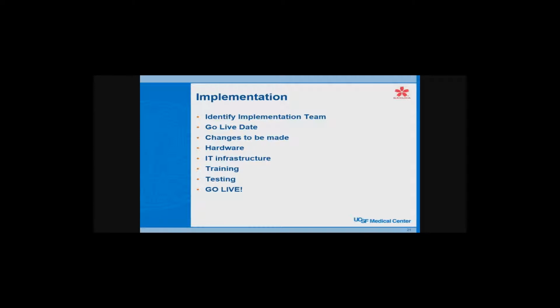So during preparation, we're looking at identifying the resources that we have available, workflow modifications that we may need to do, identifying software vendors that would fit for our system, any kind of hardware that we think we need, and IT infrastructure. And then the implementation part is you're identifying a team to do the implementation. You set a go-live date, and we set a go-live date that we tied into our performance goals.